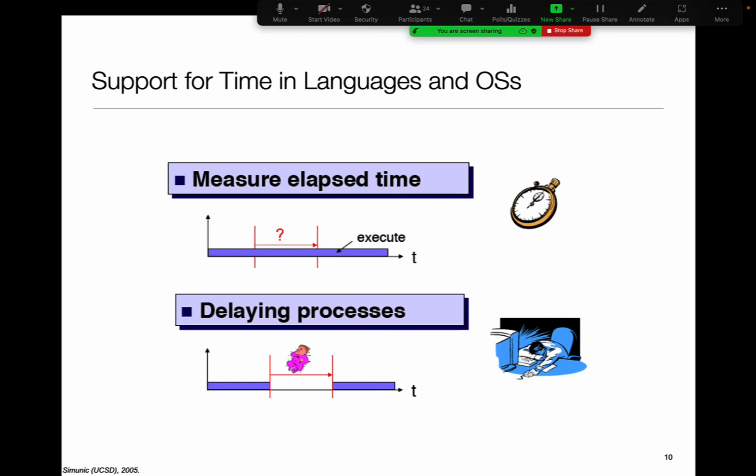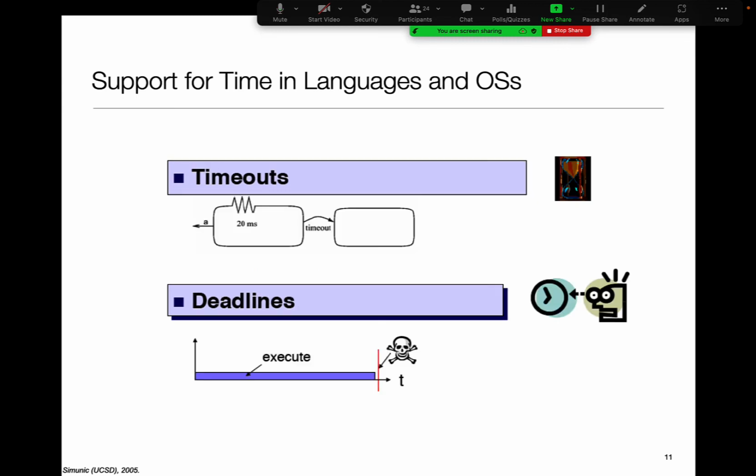Like the cron example I was giving, do this task at 5 p.m. every first Tuesday of the month, for example. Usually you won't find these things in programming languages or OS directly, but you will find some services or applications that in turn provide some capability like this.